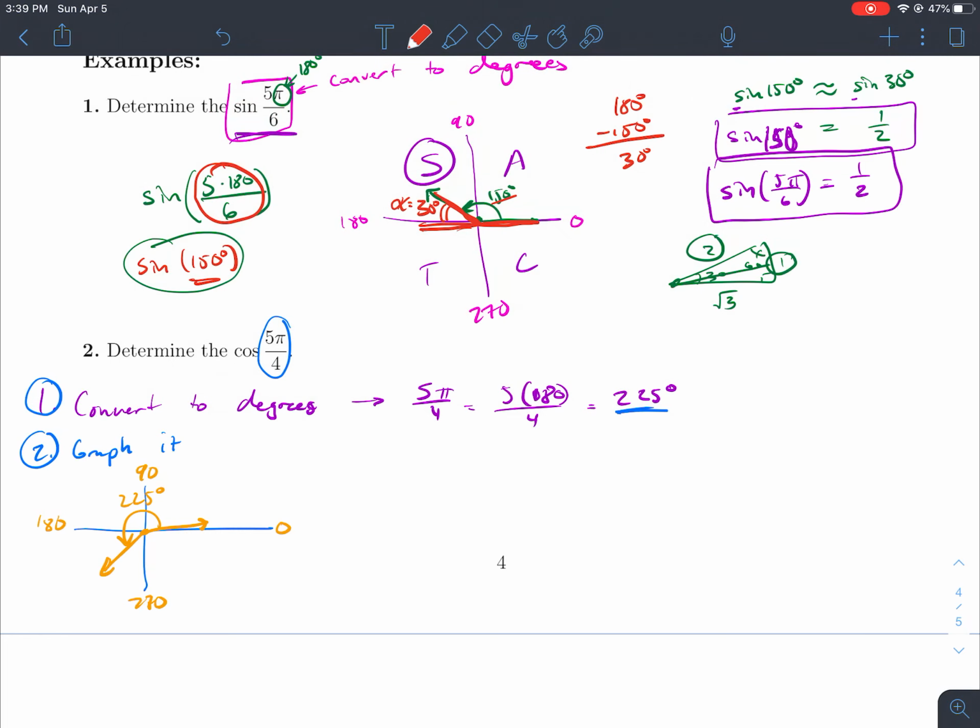The third step, well, 225 degrees is kind of a hard angle to work with. So if we found our reference angle, which is going to be between the terminal side and the x-axis, so I've highlighted those pieces, the acute side of that would be this one here. So step 3, find the reference angle.